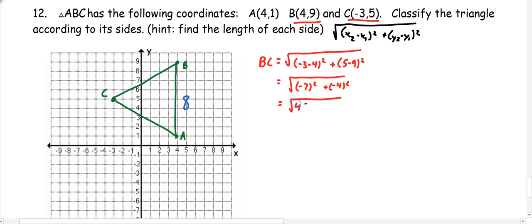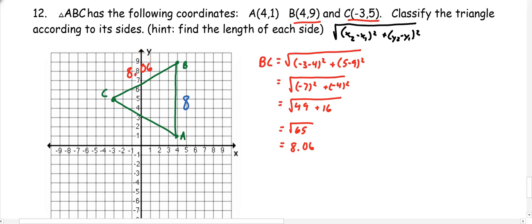So when I square those, I get 49 plus 16. Remember, when you square a negative, you should always get a positive because it was in parentheses. So when I add those together, I get the square root of 65, which I'm going to round to my nearest hundredth, 8.06. So BC has a distance of 8.06.